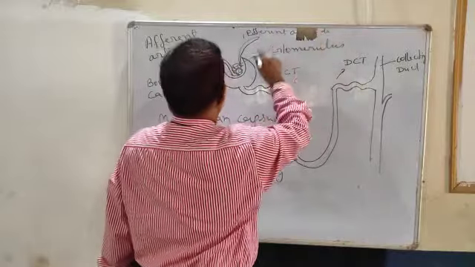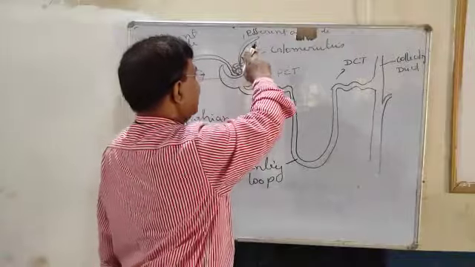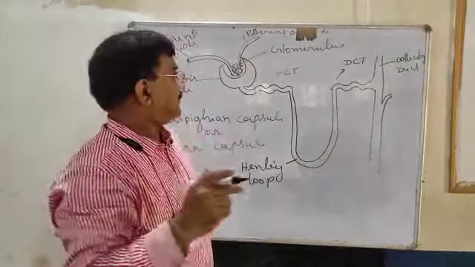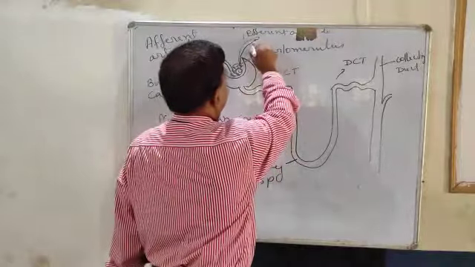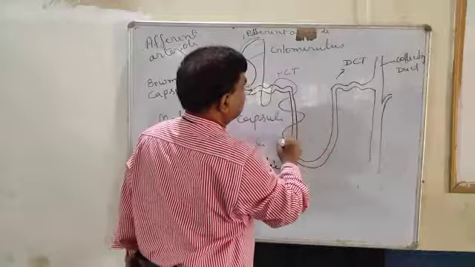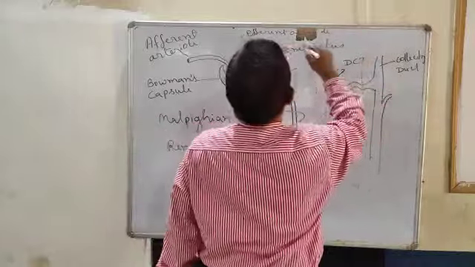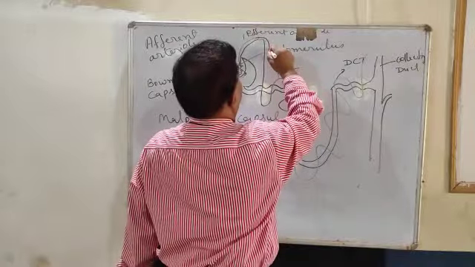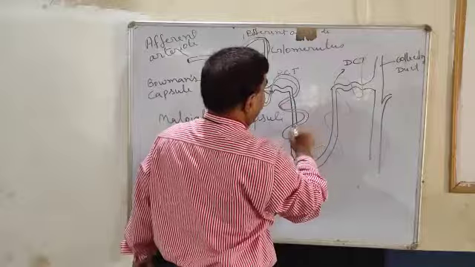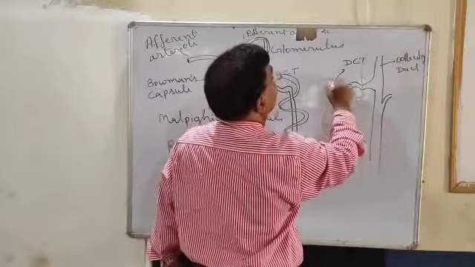Now see, the afferent arteriole must be wider and the efferent arteriole must be narrower. As it proceeds further, it breaks and forms secondary capillaries or vasa recta.